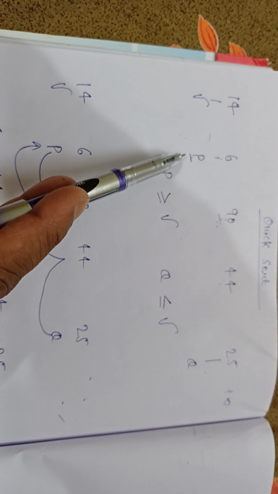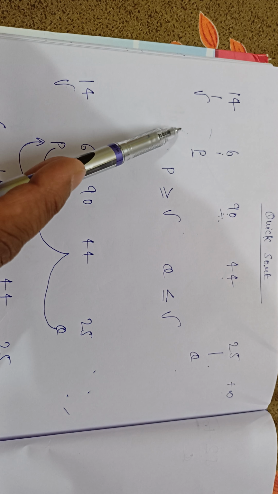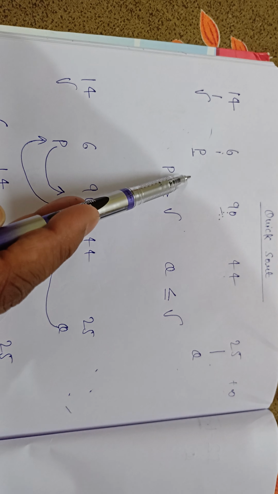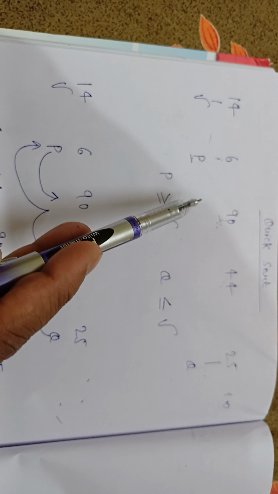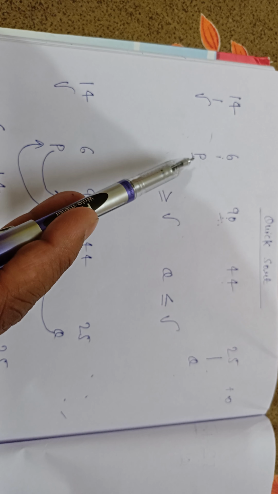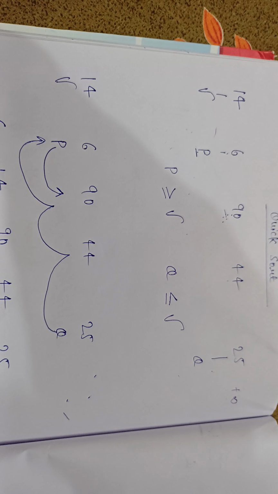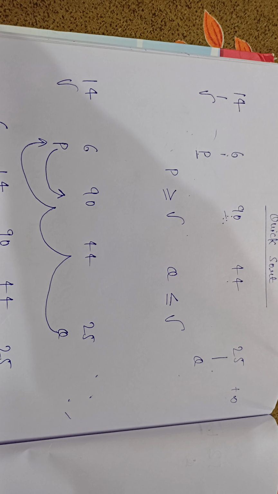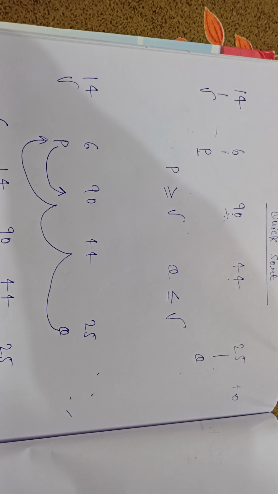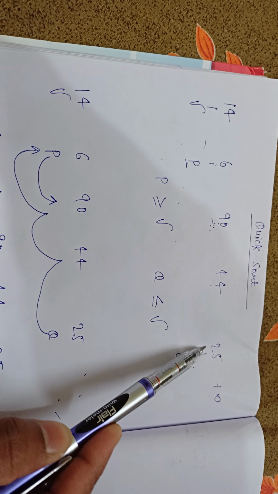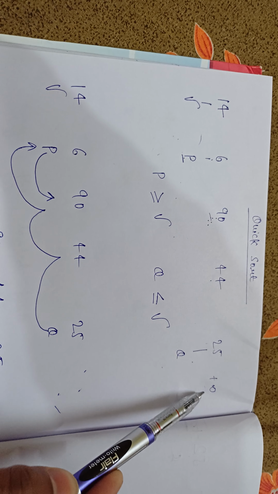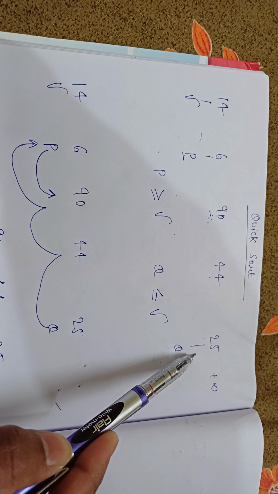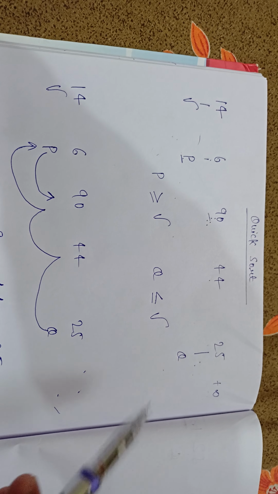But in this case we are choosing the first element as the pivot element, so the immediate next element is your p pointer. The p pointer will point to the immediate next element, and the q pointer will point to the last element. Mind you, this infinity is not part of this list or array. I'll tell you what it is.